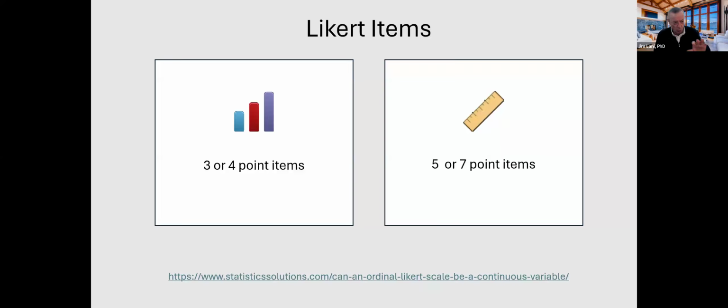So this is a good rule of thumb, and you could look at the Statistics Solutions website for a little bit of references around that. One item, 5 to 7 point scale, keep it a scale. Once you start adding or averaging items or questions within a subscale or a scale, be it nominal, ordinal, or continuous, once you average these things, you are in scale land.